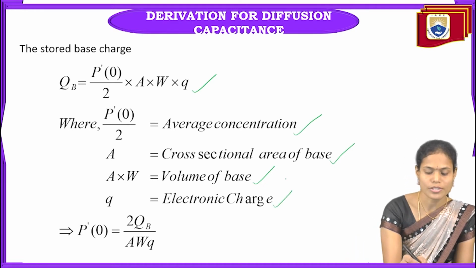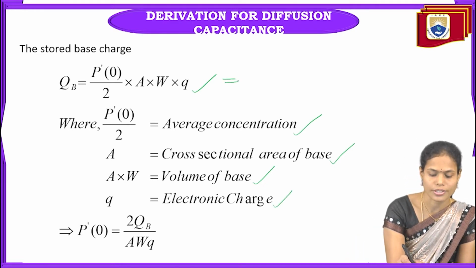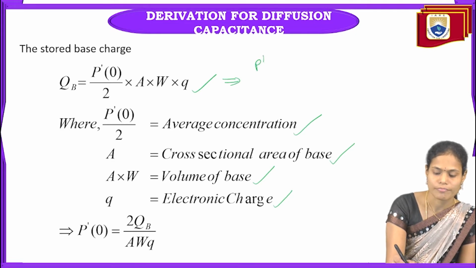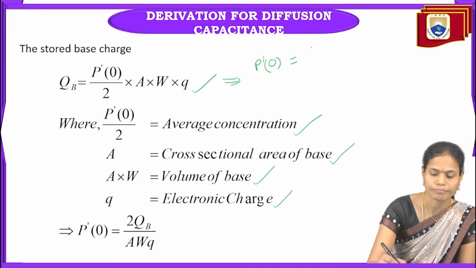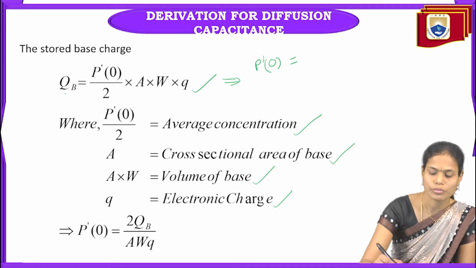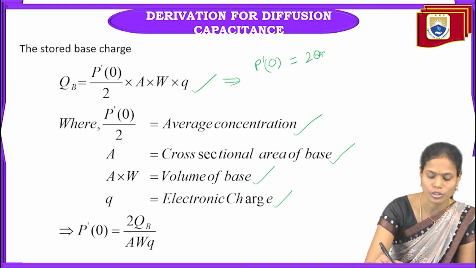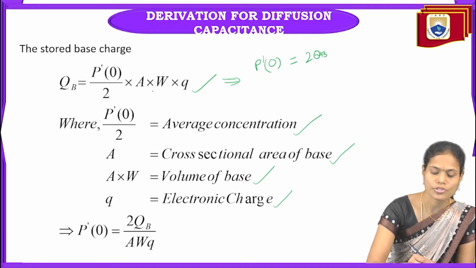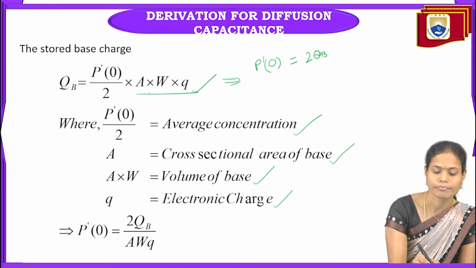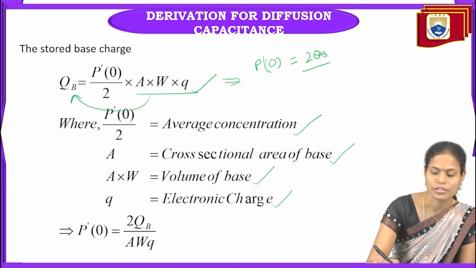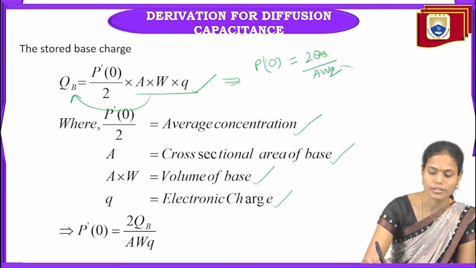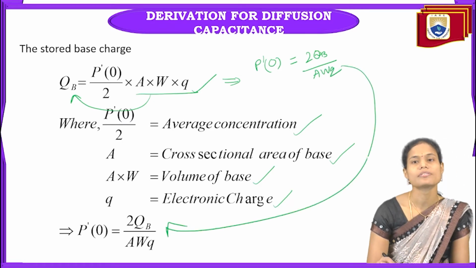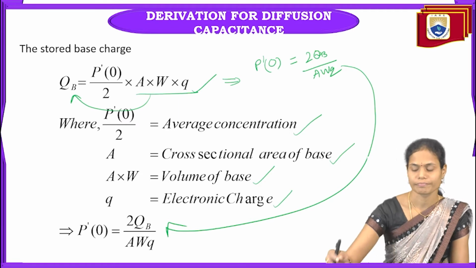So from this relation we can write P dash of 0 equal to 2QB by AWQ. That is our P dash of 0 value.